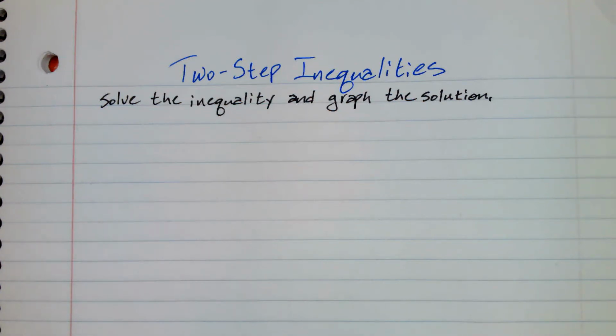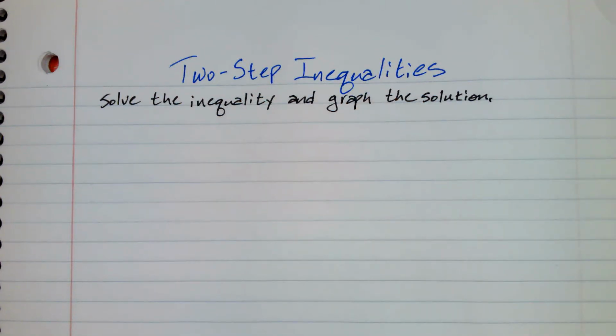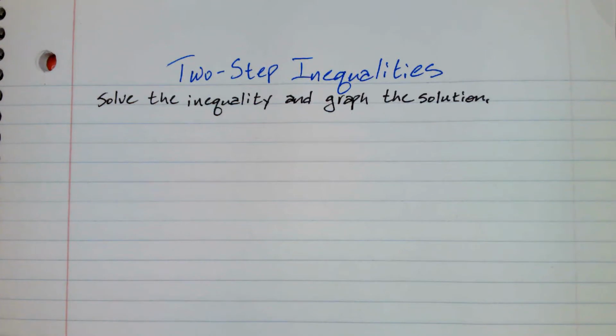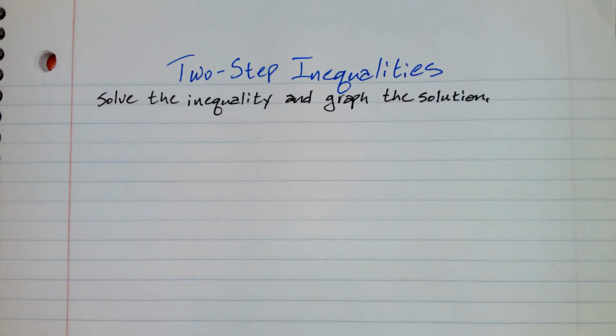We didn't do it too much when we were solving equations, right? I didn't ask you to make a number line graph when we solved an equation. Why do you think we do it now that we solve inequalities? Tell me in the chat.